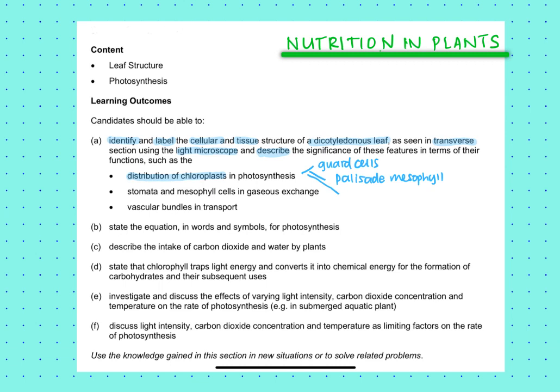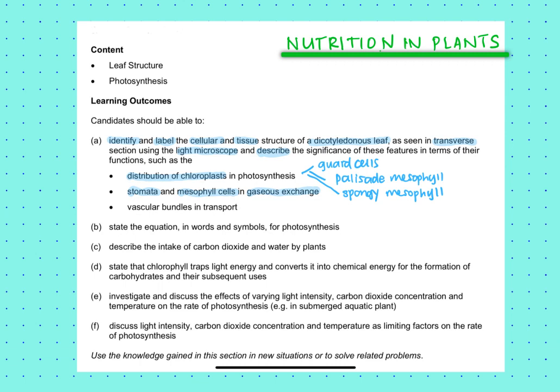And the third one that we are looking at the distribution will be the spongy mesophyll. Other than this distribution, we are also looking at the stomata and the mesophyll cells in the importance of gaseous exchange, as well as the vascular bundle involved in the transport.